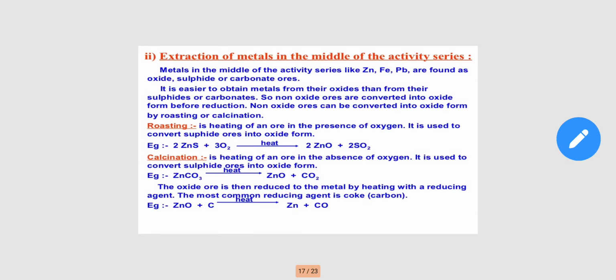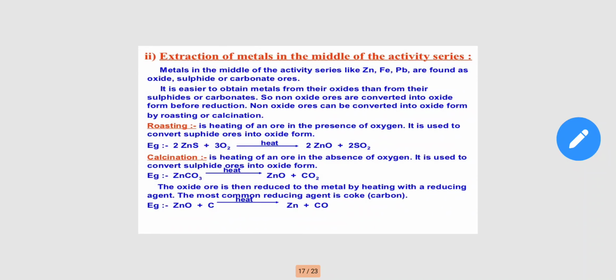This evaporates. And then what is calcination? It is heating of ore in the absence of oxygen. It is used to convert carbonate ores into oxide form. Here you can see zinc carbonate. We heat it, it converts into zinc oxide, and carbon dioxide gas evaporates.